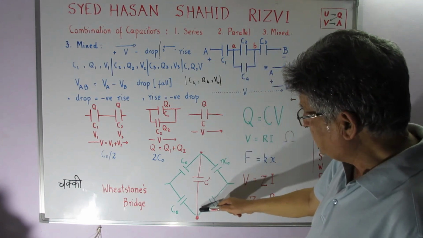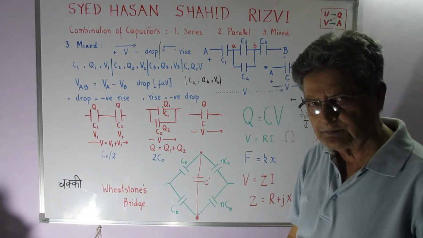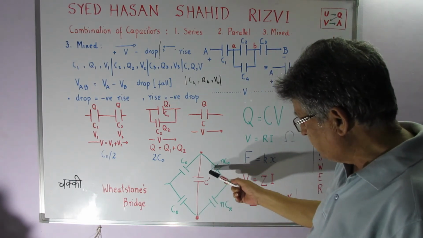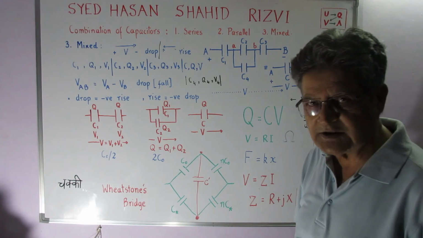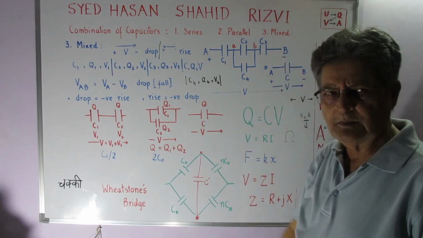So when the potential difference is 0, V is equal to 0, Q will be equal to 0, whatever C is. I can have any value of C, it doesn't matter, from 0 to infinity.